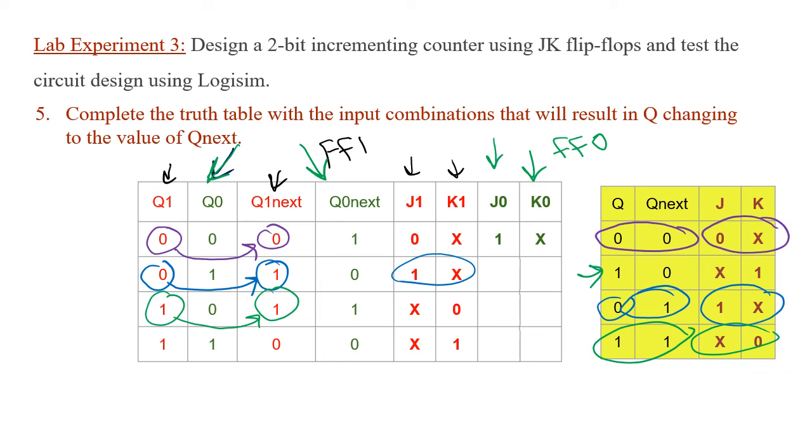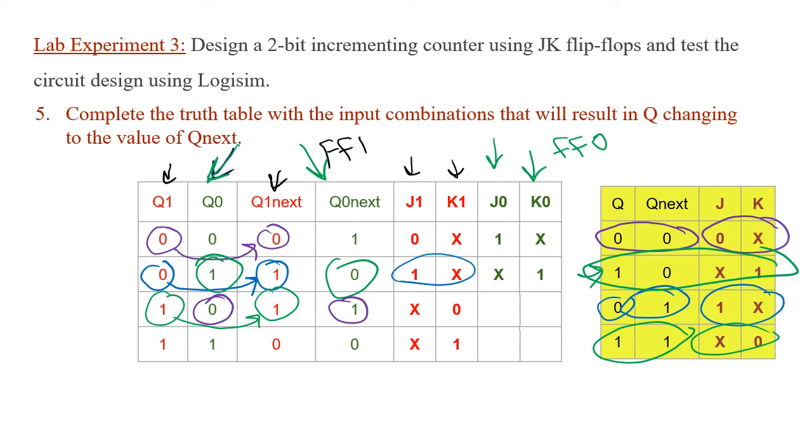In the next row, we have Q0 transitioning from 1 to 0. So for that to happen, we need J and K to be don't care and 1. Next, Q0 is changing from 0 to 1.